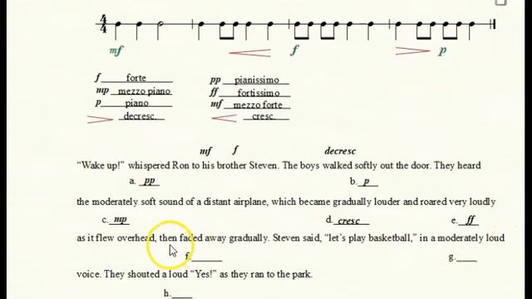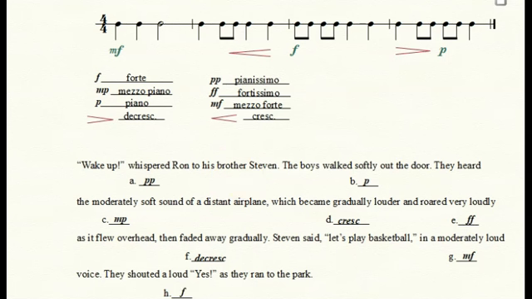Alright, so then faded away gradually can be our decrescendo, and a moderately loud voice can be our mezzo forte. They shouted a loud yes as they ran to the park. Alright, so we have loud, and that can be our forte.